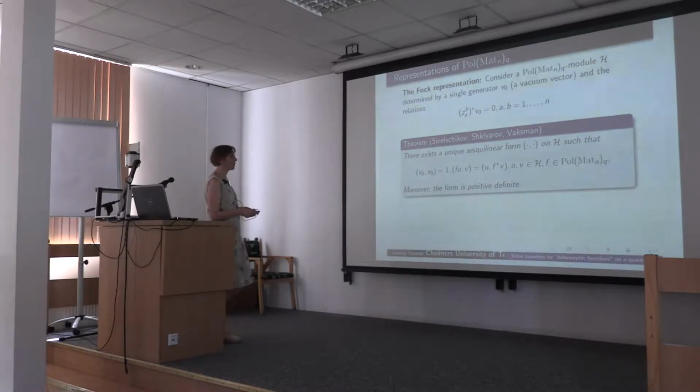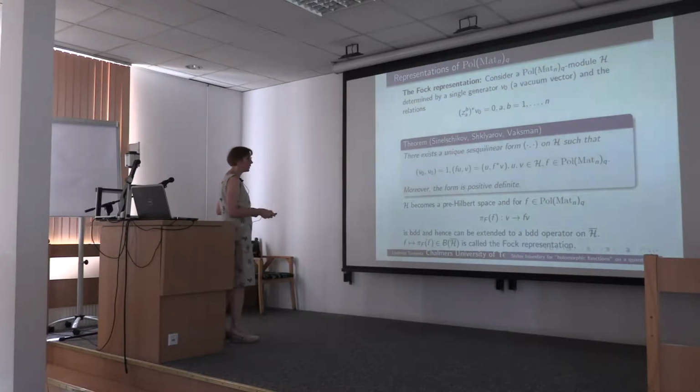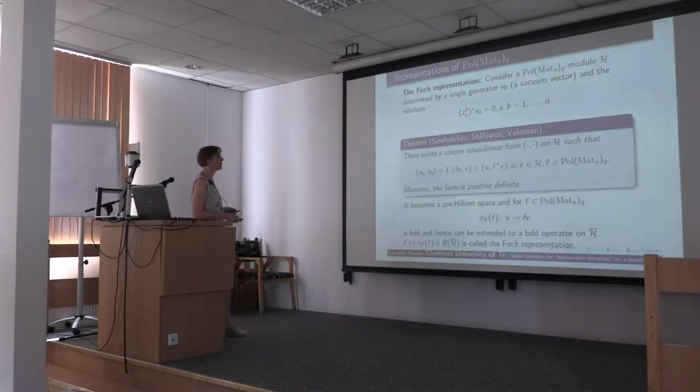And Sinevchik, Shilov, and Waxman proved that on this vector space H, one can introduce a unique scalar product such that this action of Pol_{m,n}^q on H becomes a star representation. So H becomes a pre-Hilbert space, and this operator, which I will denote π_F, F is for the Fock representation, is given by sending the vector in H to the action.